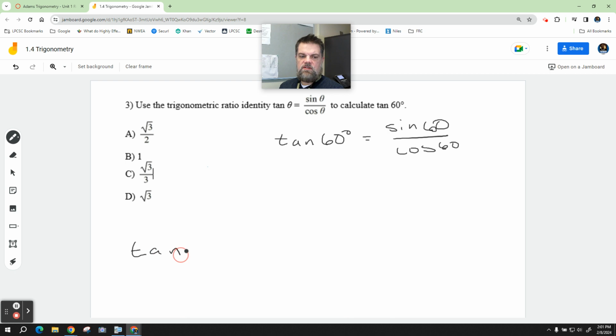What's tangent? That's the opposite over the adjacent, right? Okay. What's sine of theta? The opposite over the hypotenuse, right? What's cosine of theta?